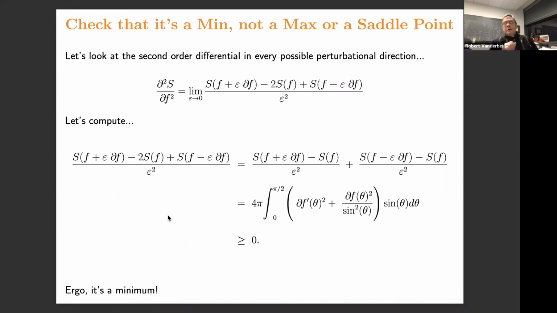But if we assume that we don't know that a priori, we can also compute second order differentials associated with any direction, any delta f. We can figure out the second order differential, which is this limit here, which you can write it down, and it's not hard to repeat the stuff I showed you on that complicated slide before.